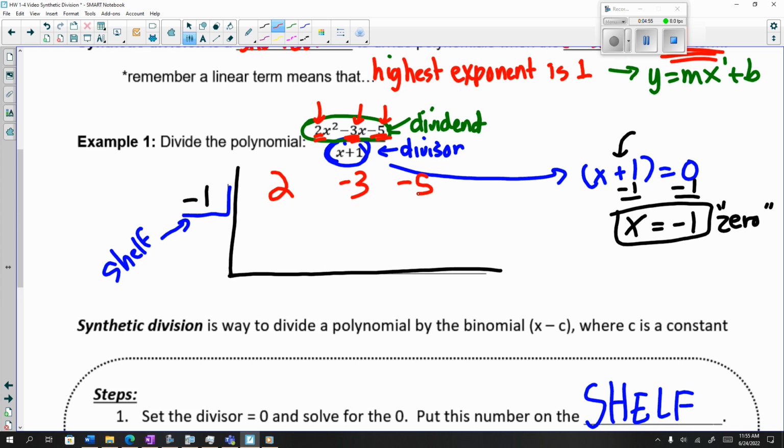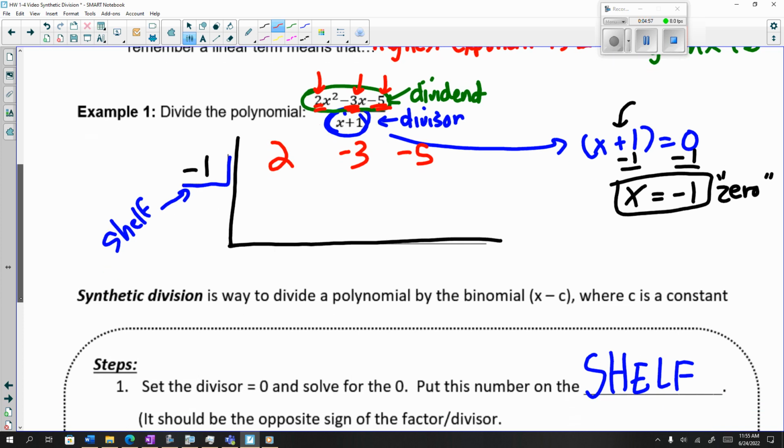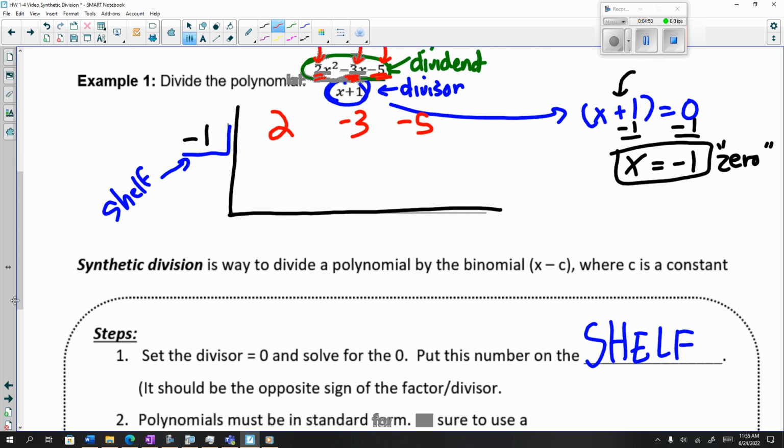Now, the next thing that we're going to do is we're going to bring down the leading coefficient, which is that highest exponent coefficient. It's a 2. And we're going to bring it down like this. Okay, remember we used to bring things down when we did long division back in the day?